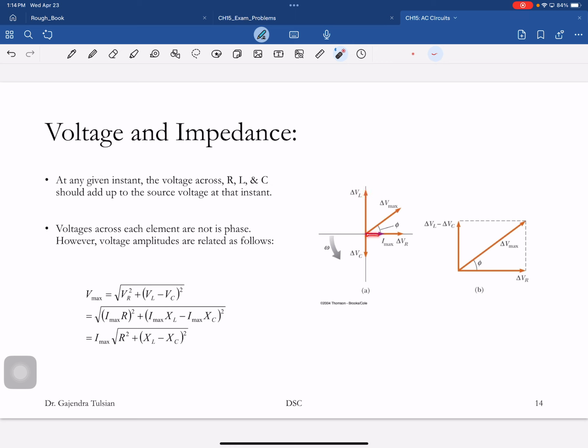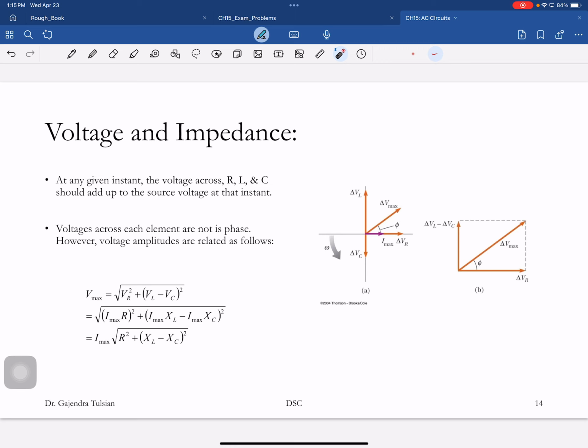So let's say the current phasor is here, the voltage across the inductor is there, the voltage across the capacitor is here, the voltage across the resistor is here. The net voltage is the vector sum of all these. There is the voltage phasor across the RLC circuit. And now we'll rotate this counterclockwise. There's the phase angle that you wanted.